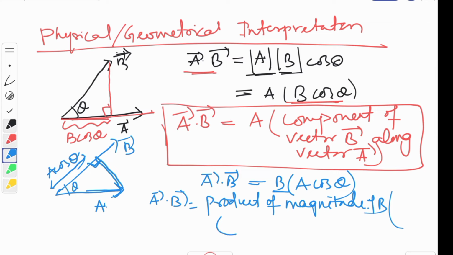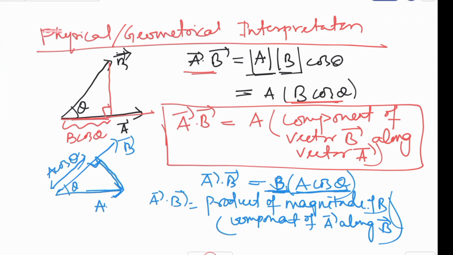With the component of vector A along vector B. Is it clear, children? So A dot B means we take the product of the magnitude of vector B with the component of vector A along vector B. Is it clear, children? This is the physical interpretation.